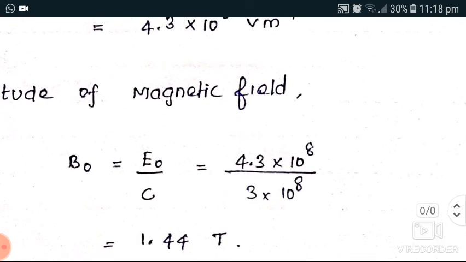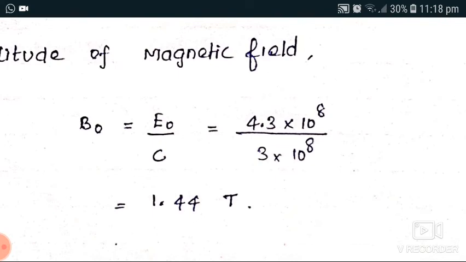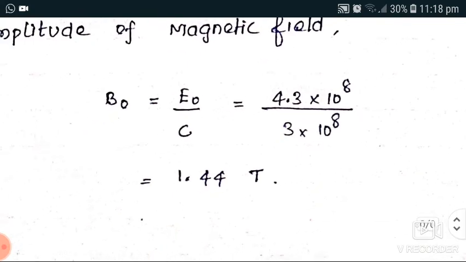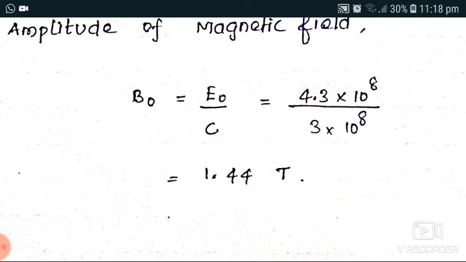Just substitute it. We already know the speed of light, 3 into 10 to the power of 8. Once you substitute and calculate, you will get the final result of 1.44 Tesla, which is the unit of magnetic field. The ratio between the electric and magnetic field is E naught by B naught equal to c, so c goes to the denominator and B naught is equal to E naught by c.